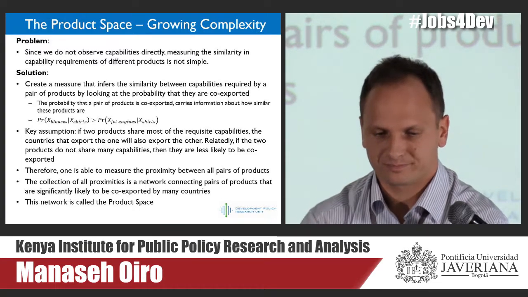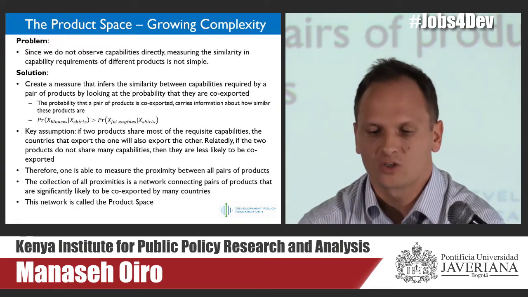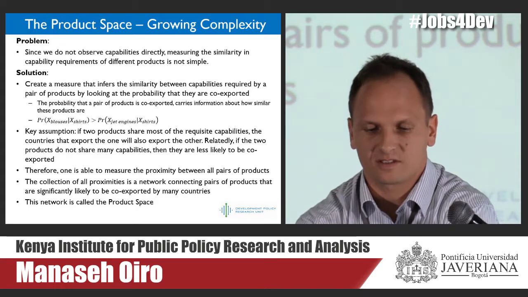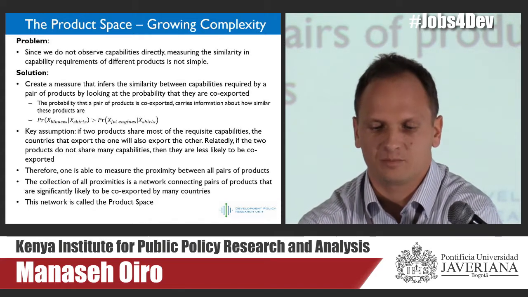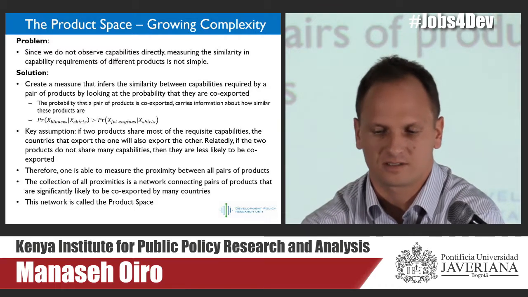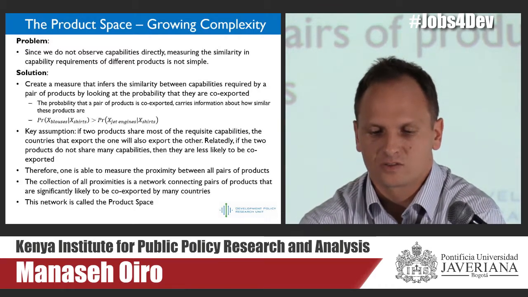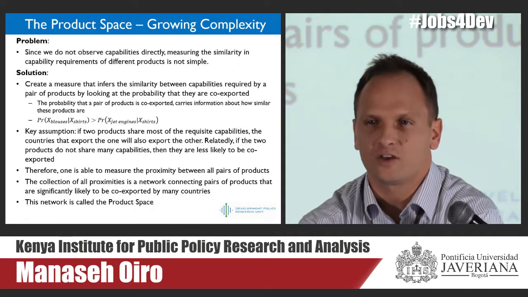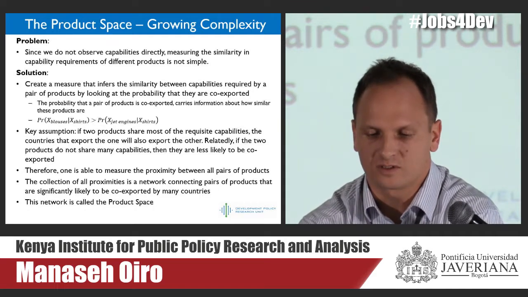Okay, so again, the problem is we don't observe capabilities directly, and so you need to measure this. Measuring the similarity and capability requirements of different products is not a simple process. So they create a measure that infers the similarity between capabilities required by a pair of products by looking at the probability that those products are co-exported.